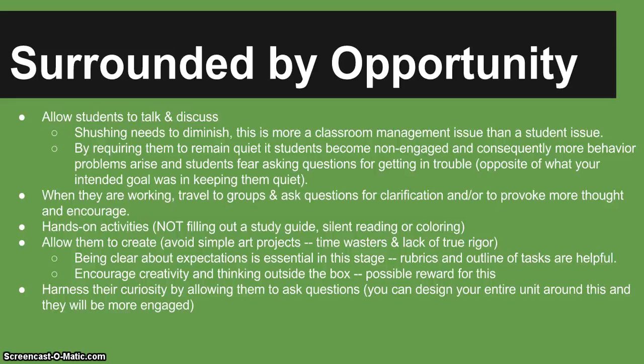If you're a classroom teacher and you are constantly shushing your students and asking them to be quiet, this begins to be a diminisher of rigor when students aren't able to talk and discuss. And really, requiring them to be quiet is forcing them to be disengaged from the content, disengaged from the classroom, and ultimately winds up being a result of behavior problems in the class.